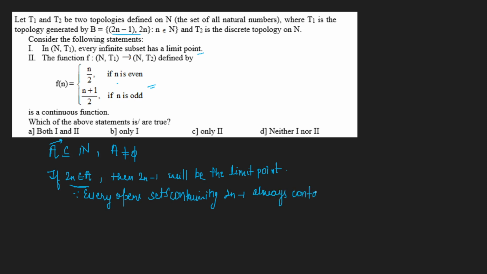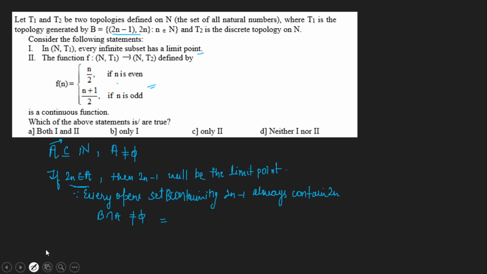Let's write it down as B, because I am taking the open set as B. If I find B intersection A is not equal to empty, that means 2n minus 1 will be the limit point. So A has a limit point if 2n belongs to A.